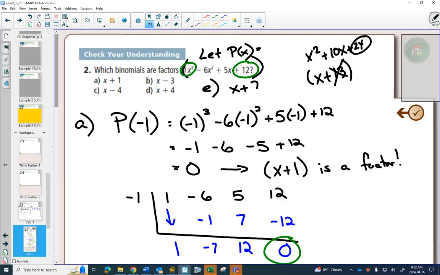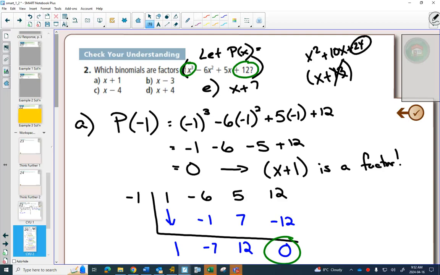You don't know at the beginning which ones are going to work. So usually people start with 1, because they can do this really quickly with mental math. I would try 1, and I would try -1. Those would be my first two. I probably wouldn't do synthetic division with 1 and -1, because this is pretty quick.